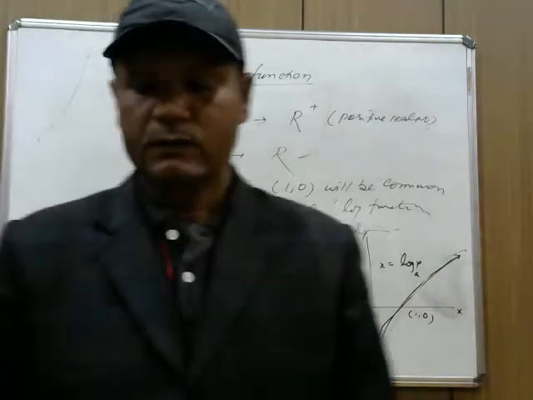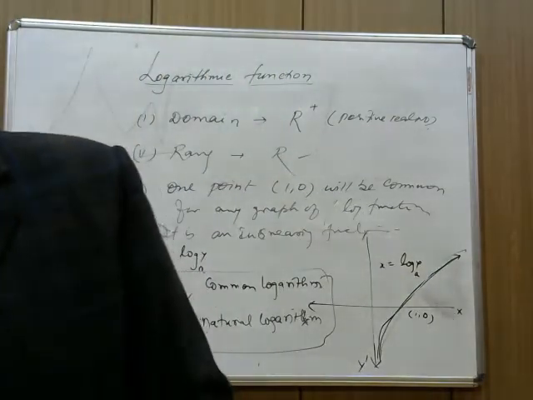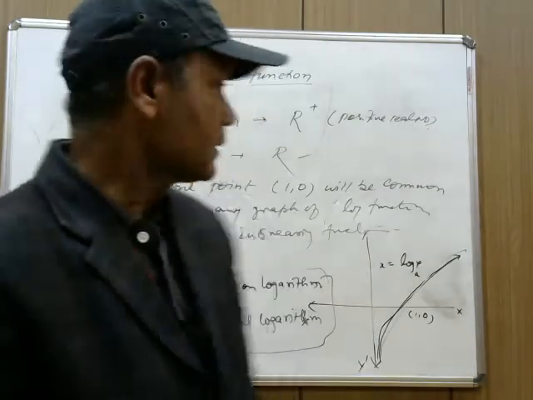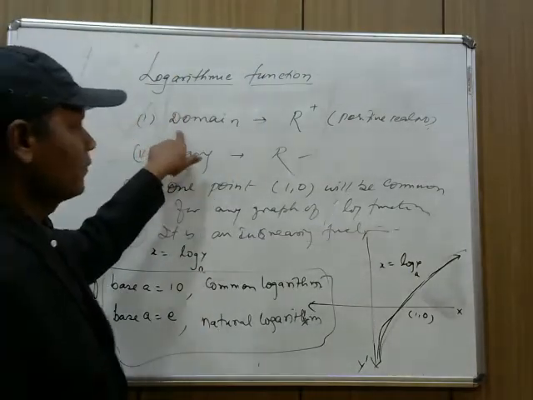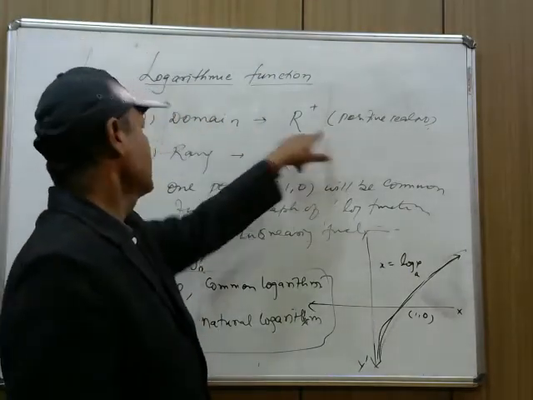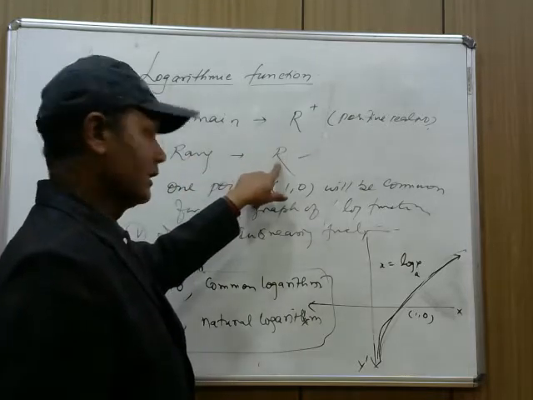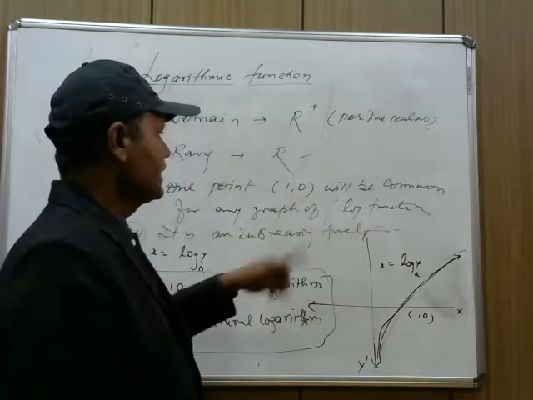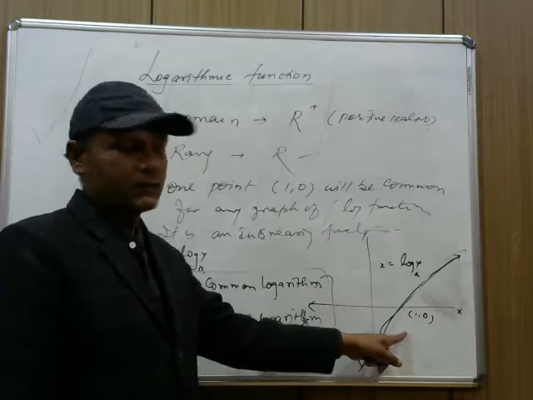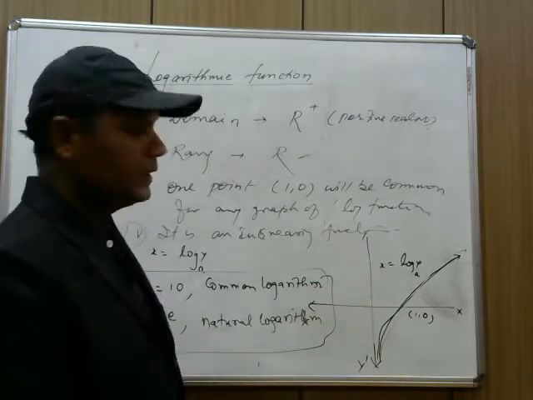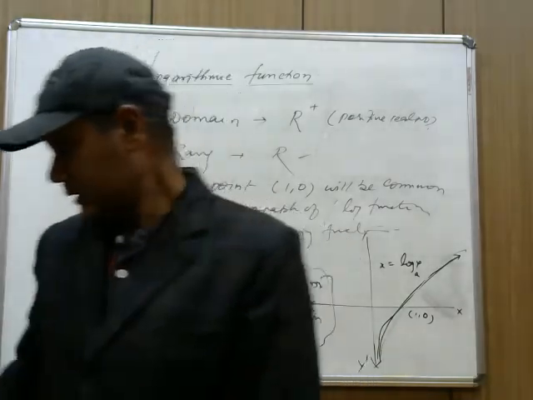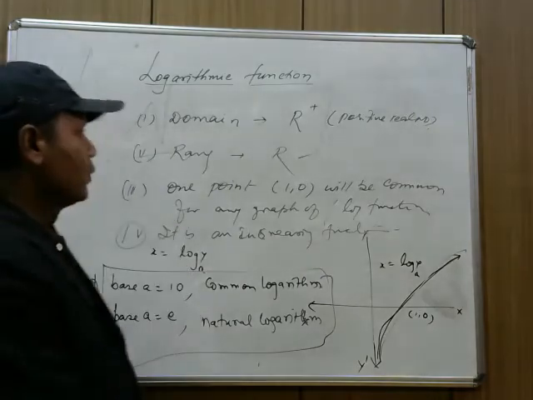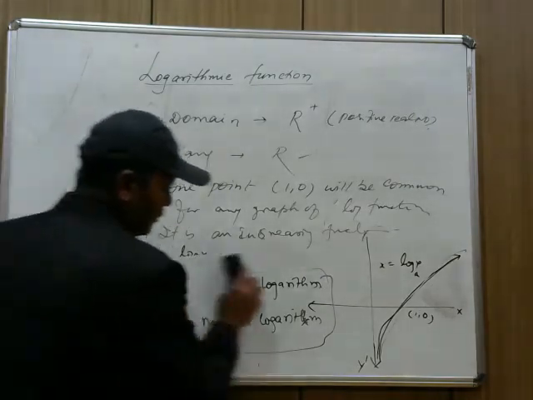Got it? I just asked you to note down 4 points: the domain of the log functions will be the positive real numbers, the range will be R, any real number. There will be one point common, 1, comma 0, for any log function, and it is an increasing function. Right? This much you should remember while we are drawing the graph of this. Now see one more thing.